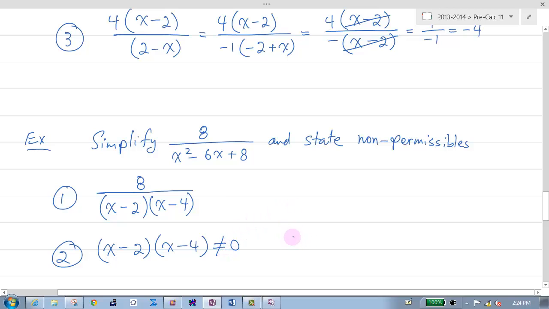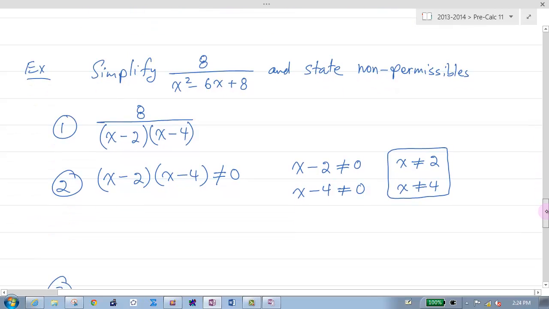We will do the same as what we would do with any equation. We set each one not equal to 0. So x minus 2 cannot be equal to 0, and x minus 4 cannot be equal to 0. From the first one, we can conclude that x cannot be equal to 2. From the second one, we can conclude that x cannot be equal to 4. Okay, these are the two non-permissible values of x. So we've stated the non-permissible values, right?